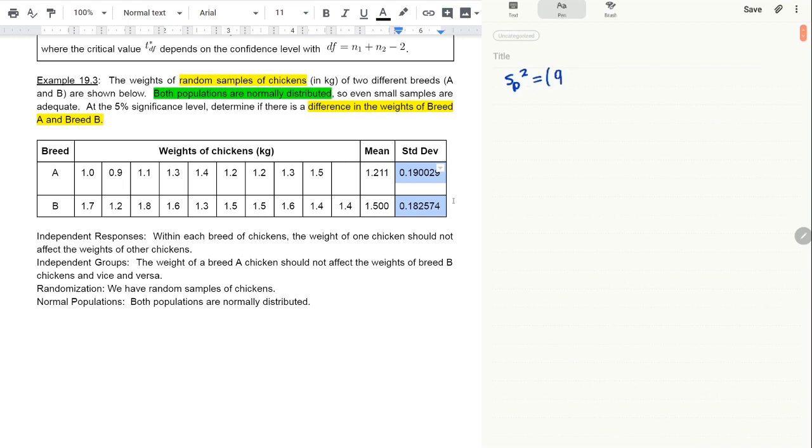The sample size for breed A, so we have 9 chickens. So we have 9 minus 1 times the standard deviation of breed A, that's 0.190029 squared, plus the sample size of breed B, so we have 10 chickens, minus 1 times the standard deviation, which is 0.182574 squared, all over 9 plus 10 minus 2.